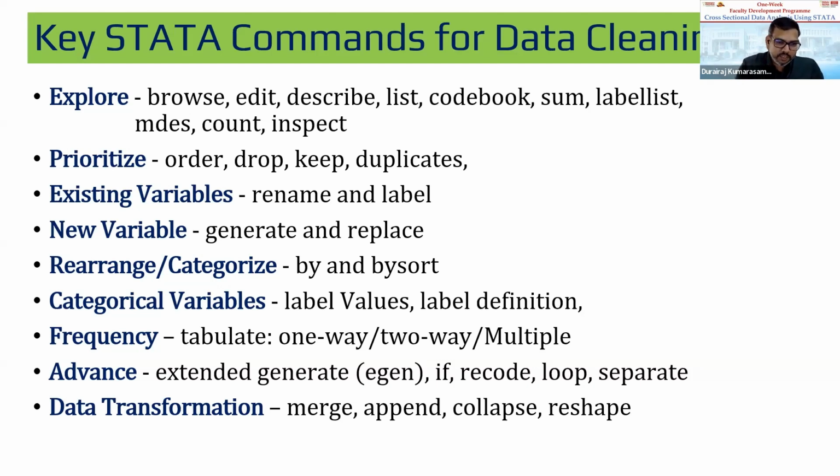Basically, this tabulate will work effectively for a categorical variable. It will not work for a numerical variable because it's trying to find the frequency of occurrence of a particular value. How many times is 1 occurring in your database? How many times is 0 occurring in the database?